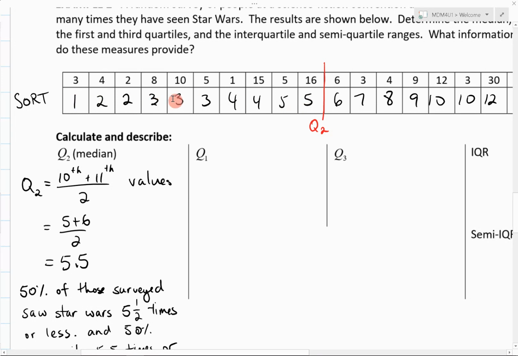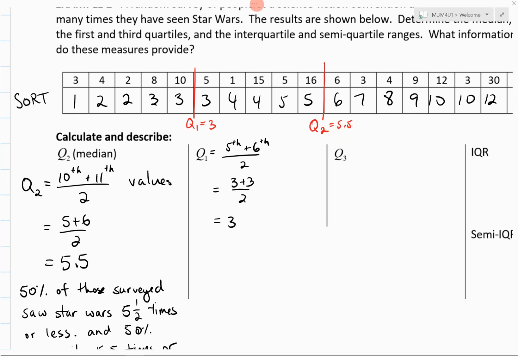So I'm taking the midpoint between the fifth and the sixth value. Quartile 1 is equal to the 5th plus 6th divided by 2. Since both of them are 3, it won't really change anything. 3 plus 3 divided by 2 is still equal to 3. So I can indicate quartile number 1 right here, and quartile 1 is equal to 3. I forgot that I can write here 5.5.